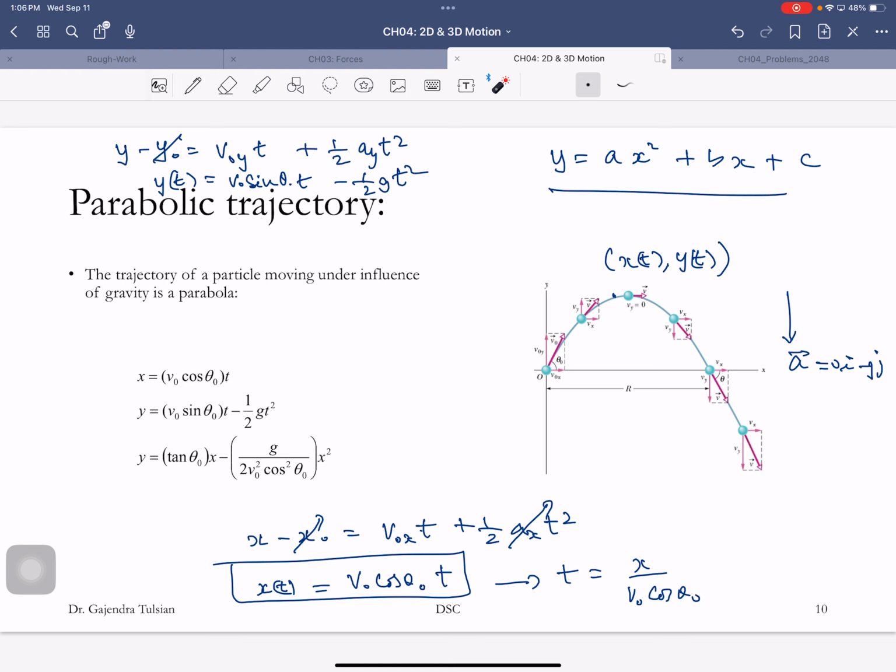But see, where is the acceleration pointing in this direction? Here, in this room. Okay, it's actually pointing to the center of the Earth. Where's the acceleration pointing here? It's pointing to the center of the Earth.